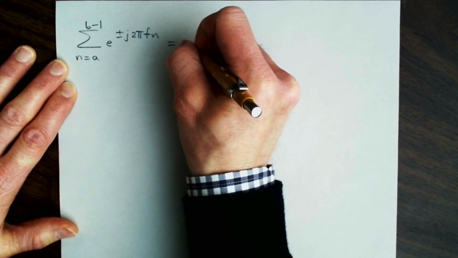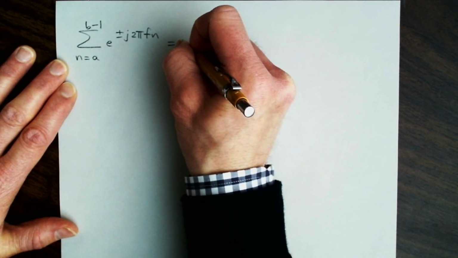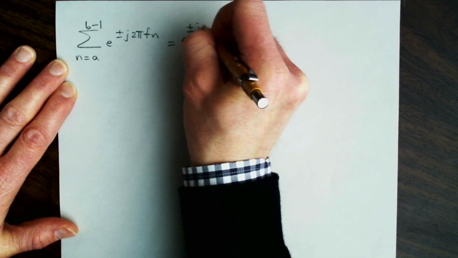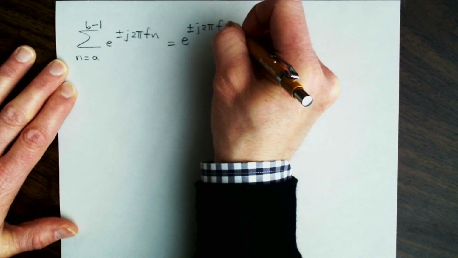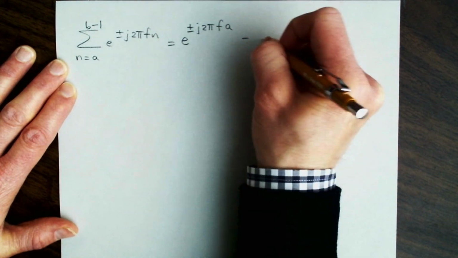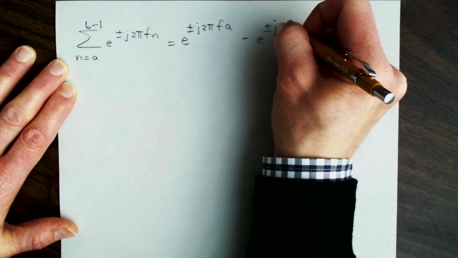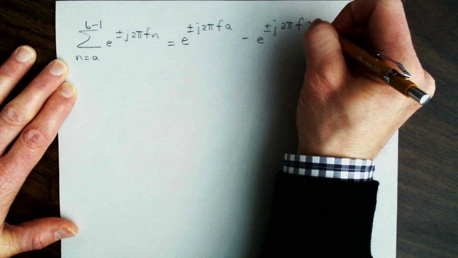If we write this out using the general geometric sum formula, we'll have e to the plus or minus j 2 pi f a minus e to the plus or minus j 2 pi f b.